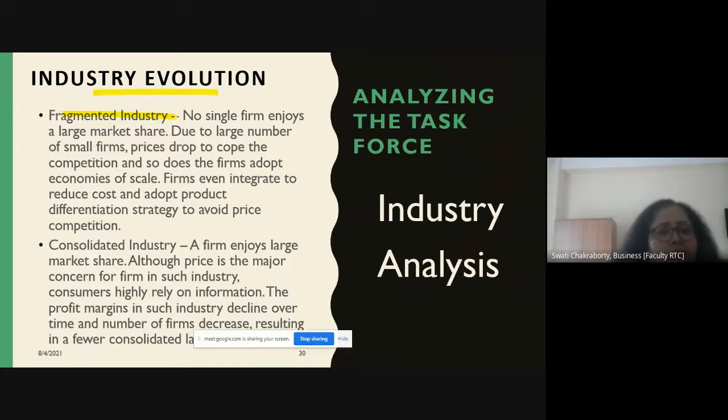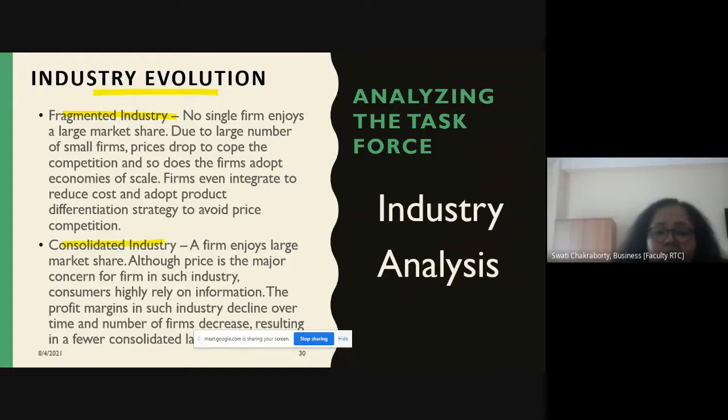Okay, then comes the consolidated industry. That is the second type, where a firm enjoys a large market share. Price does play a major concern for a firm in such an industry, but consumers rely highly on information. Then the profit margin in such an industry decreases over time, and the number of firms starts decreasing, resulting in a few consolidated firms coming up.